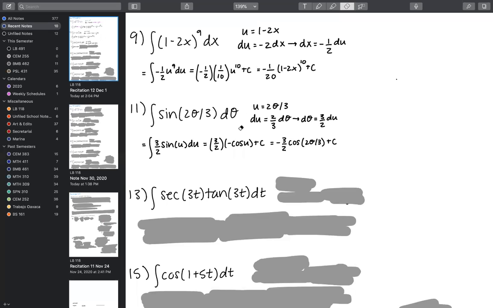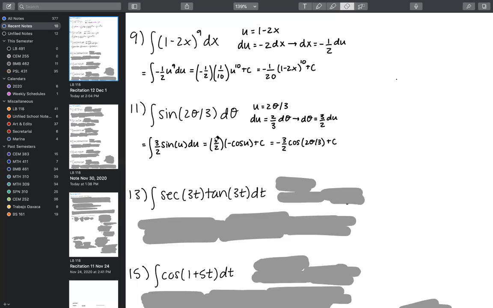So I've said it twice before, I'll say it again. All u substitution is, this method here that I'm circling with the eraser, is a way to navigate the chaos. It's nothing new. I'm not teaching you anything new in terms of integration. It's just a way of trucking through the problem and breaking it up into pieces so that it's a little bit easier to digest, because it's a lot easier to just integrate sine of u when you're not as overwhelmed by this 2 theta over 3 inside the parentheses.